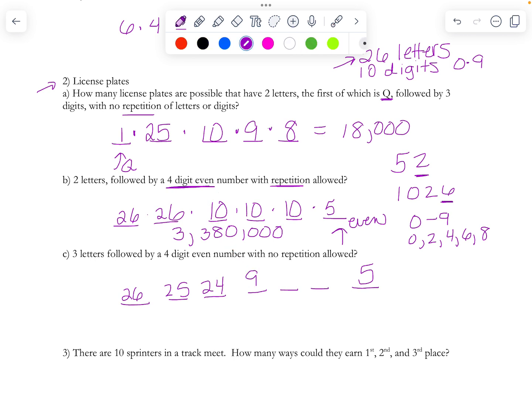It's going to be 9, and then 8, and then 7. We multiply those, and that is, I think, 39,312,000.